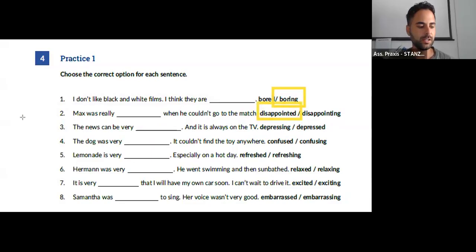Number three, the news can be very depressing and it is always on the TV. News, telegiornale. Number four, the dog was very confused. It couldn't find the toy anywhere.